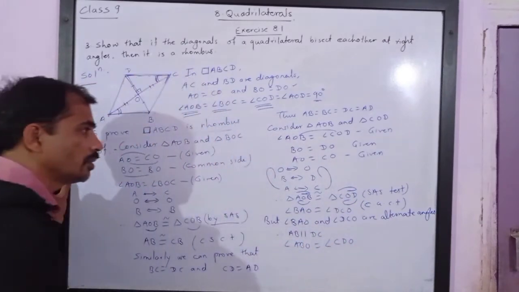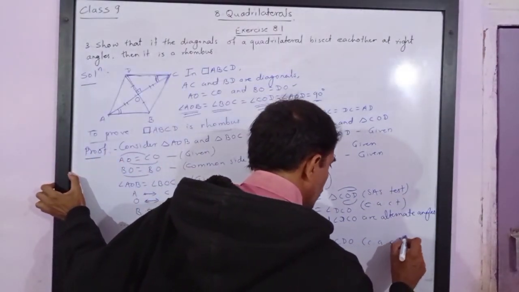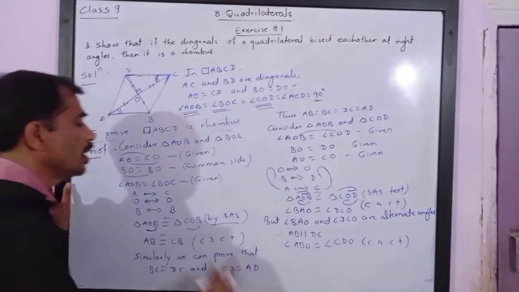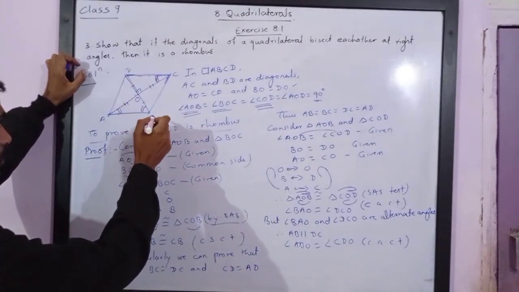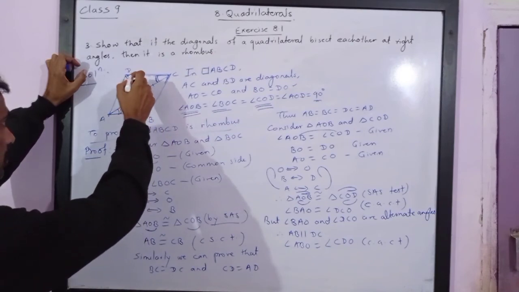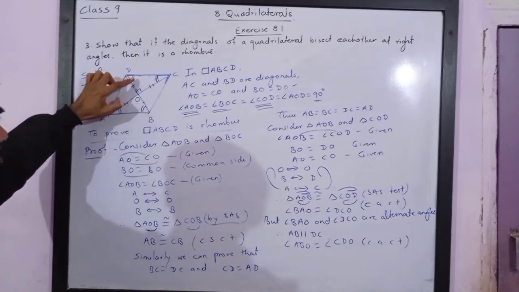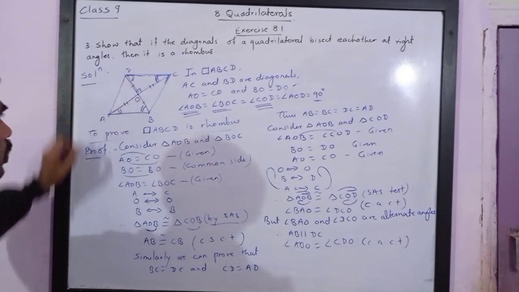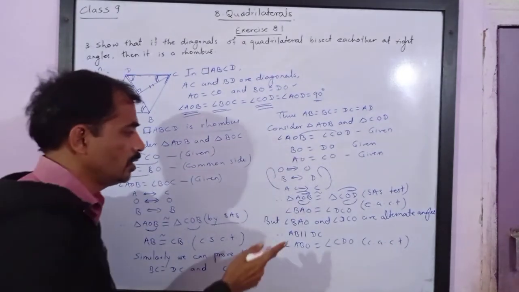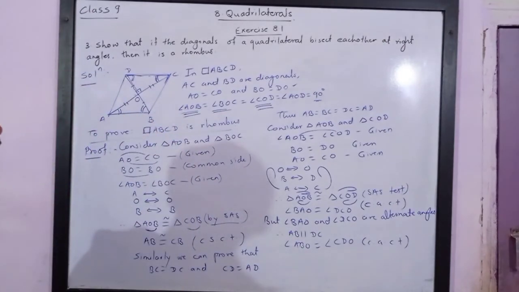Now look at the figure. These are corresponding angles of congruent triangles. ABO is this angle and CDO is this angle. Similarly, instead of proving like this, we will get the same result, AB parallel to DC.